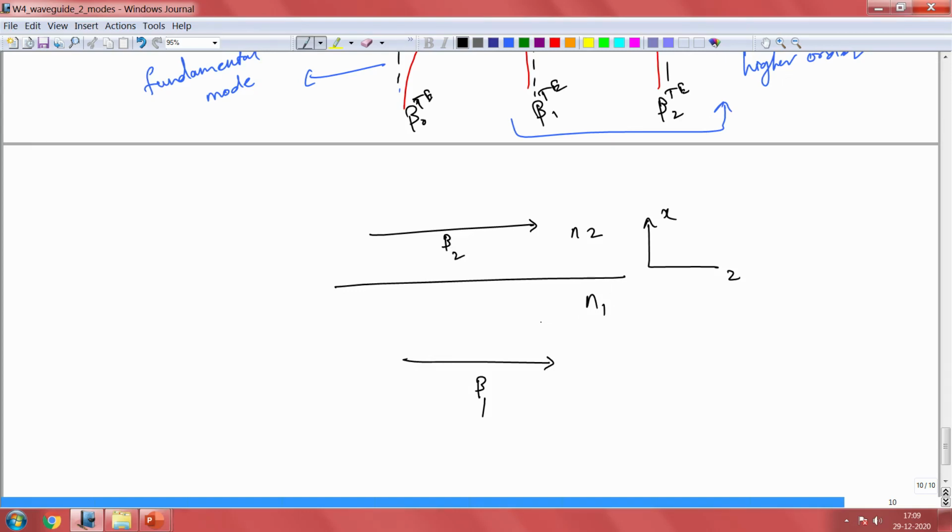The next thing is we have the vertical vector, that is k1x, and here k2x, and then we have the propagation constant here n1k and here n2k, right.